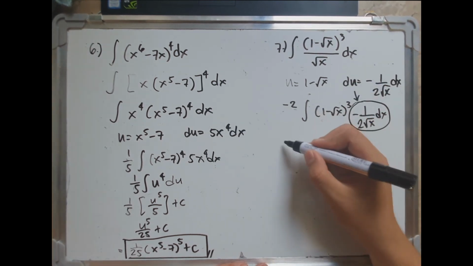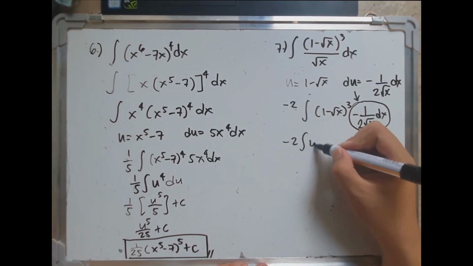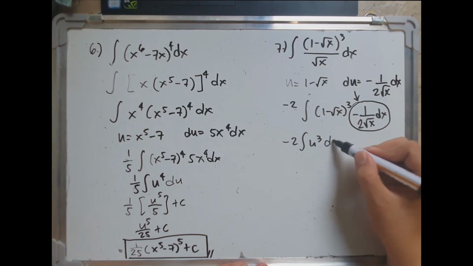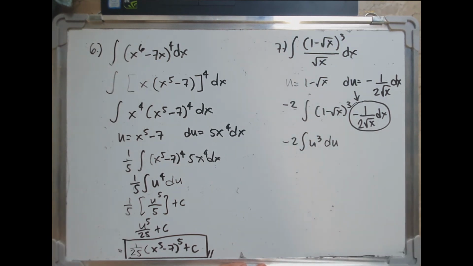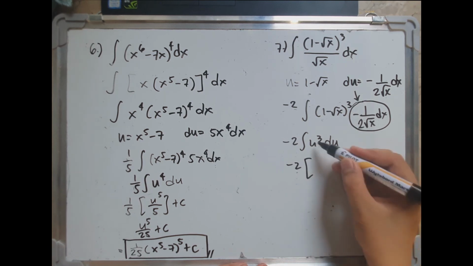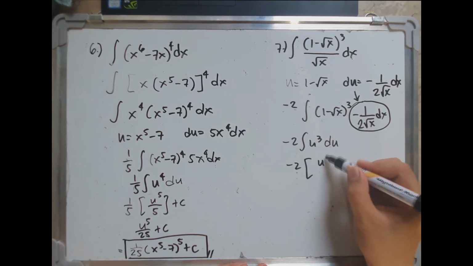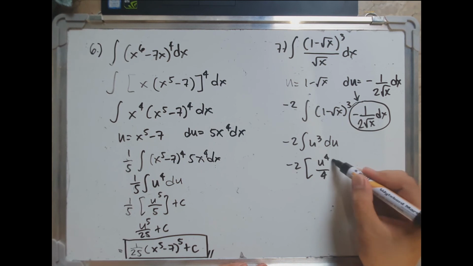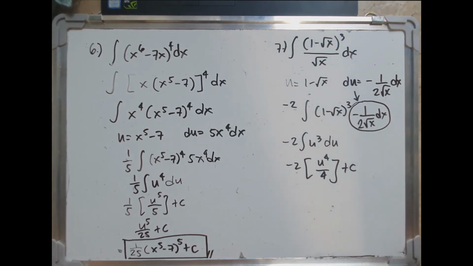Okay, so now we have negative 2 integral of u cubed du. Now, evaluating the integral, we have negative 2 u cubed, that is u to the 4th over 4 plus c.